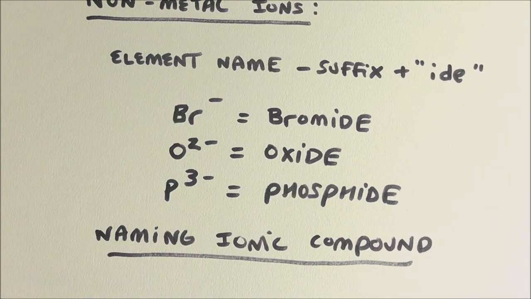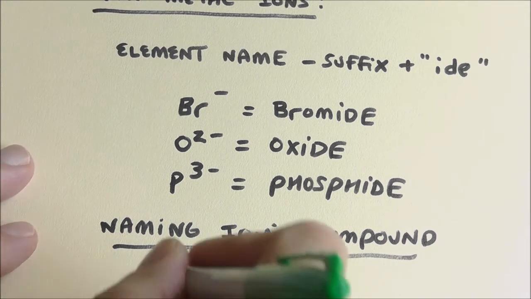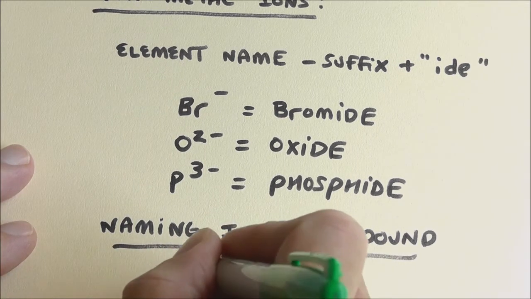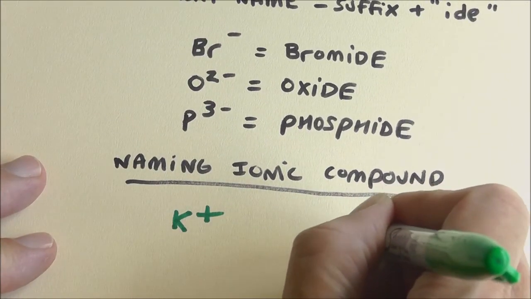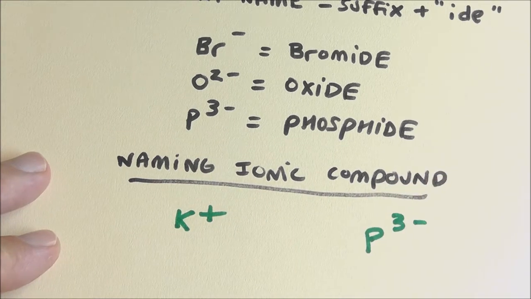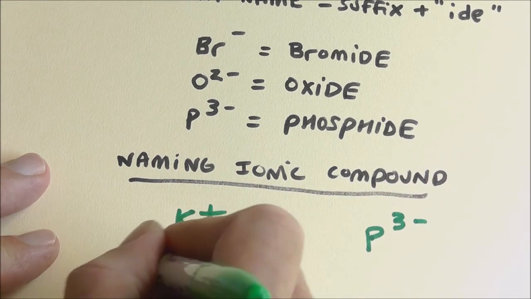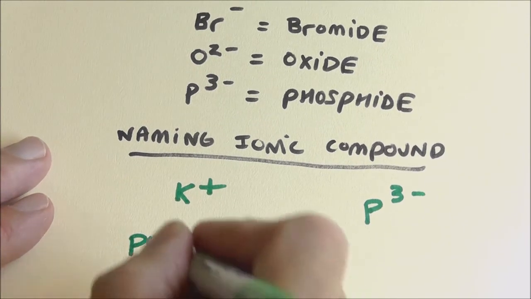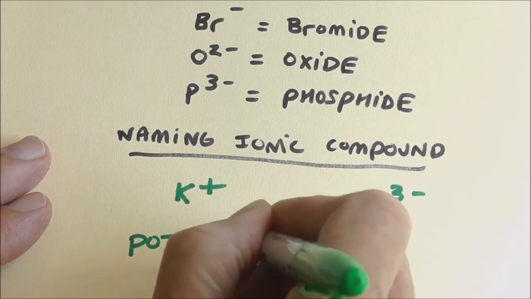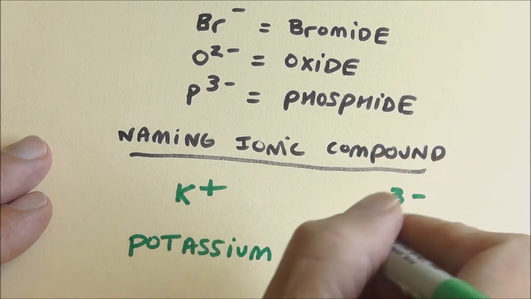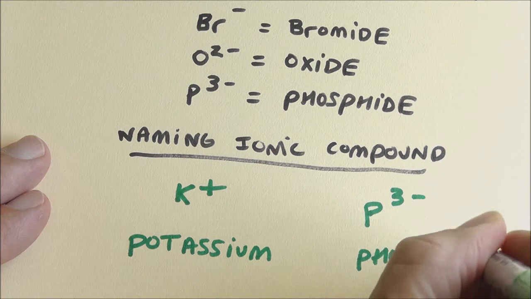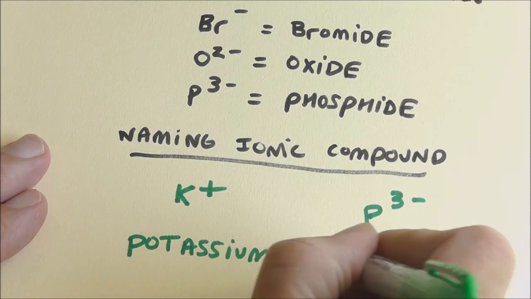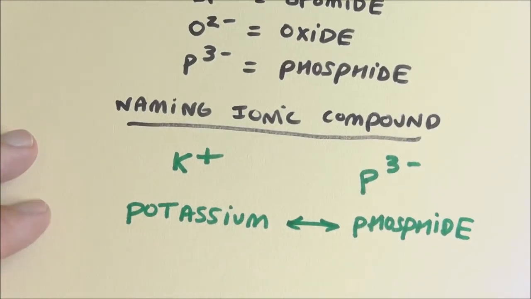Let's say we were going to take potassium ion and phosphide ion, or phosphide, potassium. Well, you don't need the word ion anymore if they're going to combine. You would get a formula, and the name of it, we would just bring these two together, potassium phosphide.